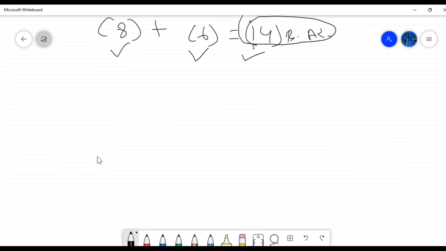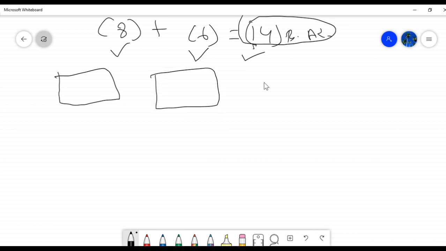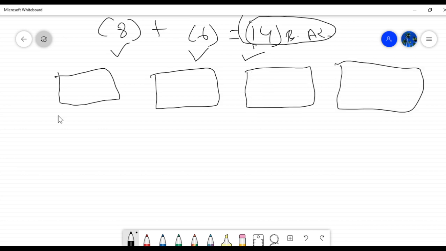For any problem formula, first of all, you write these boxes. Try to write these 4 boxes. First box, SQ into SP. Second box, RSQ into SP.